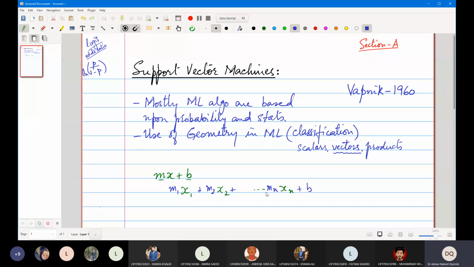So here we can say that these small x1, x2, xn are the feature vectors. Keep one thing in mind: up till now we have been using the word feature vector to describe a column or array.